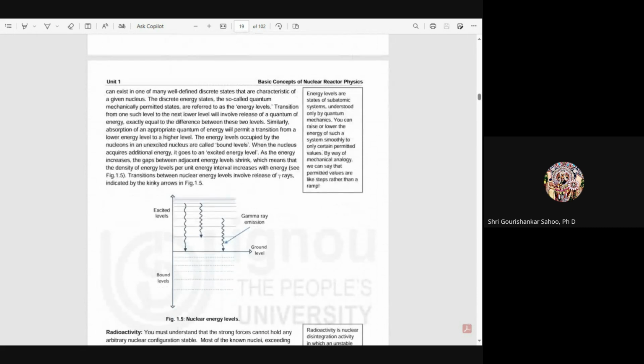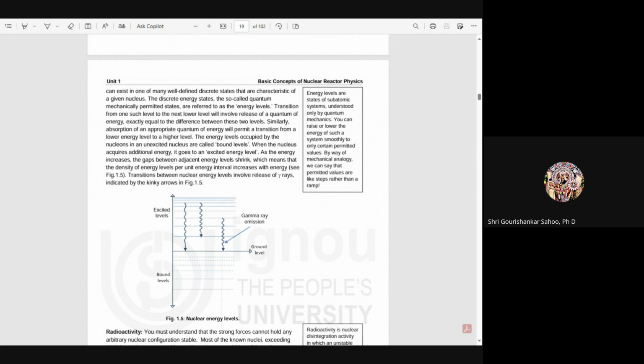Then in the figure you can see nuclear energy levels. From excited levels the nucleus comes to the ground state by releasing energy, and from the ground state it is excited to higher levels by absorbing energy. So energy levels are states of subatomic systems understood only by quantum mechanics.